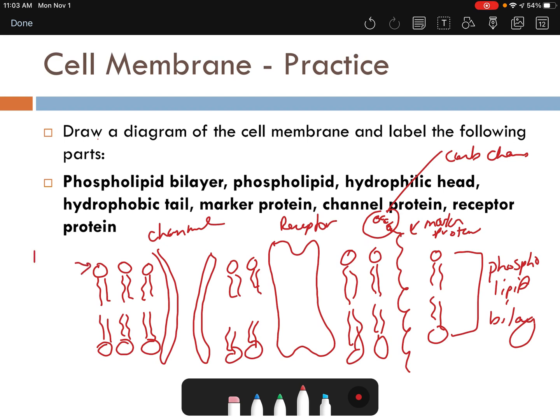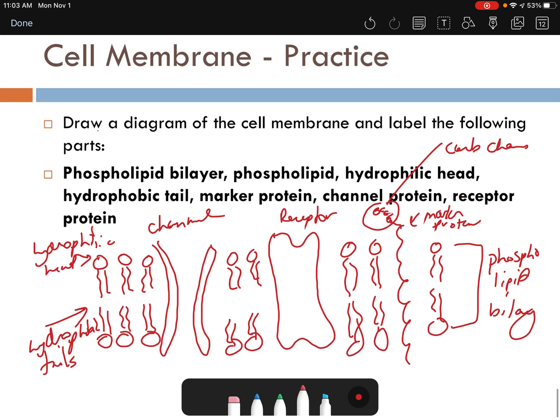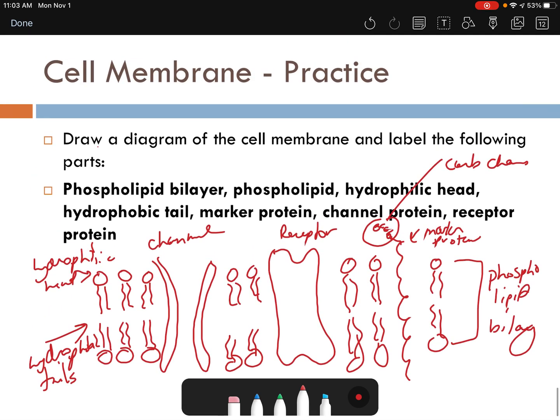So there's your hydrophilic head. Hydrophobic tails. You'll have to be doing a project where you'll have to model and make your own little model of the cell membrane, so you can be finding different crafty materials that can help you make some of these things for it to work. Okay, and that's the cell membrane.